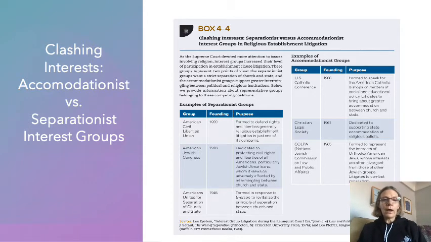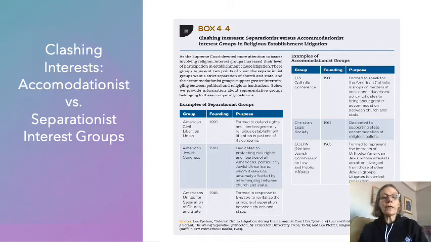And so there's a graph in your textbook that you should take a look at. Because as we know, interest groups, those are outside influencing groups, submit amicus curiae briefs to the Supreme Court, trying to make a case for why the Supreme Court should rule in an Establishment Clause case from a separationist point of view, or an accommodationist point of view.